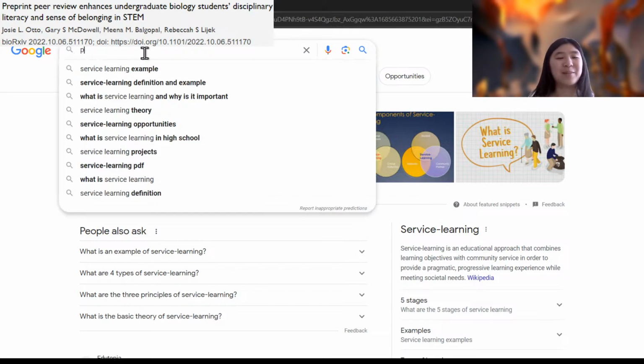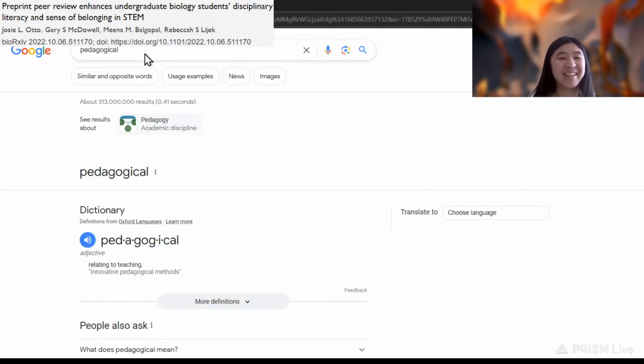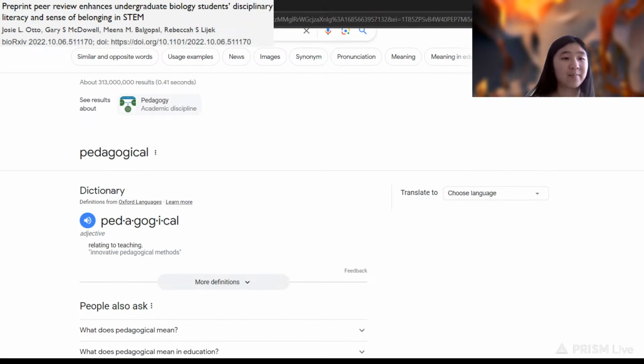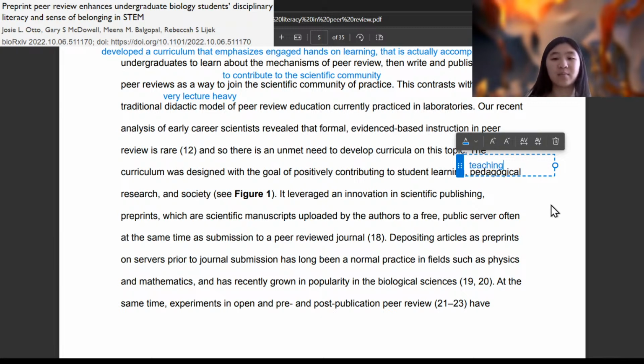Pedagogical is hard to say. That just basically means teaching research or instructional research.